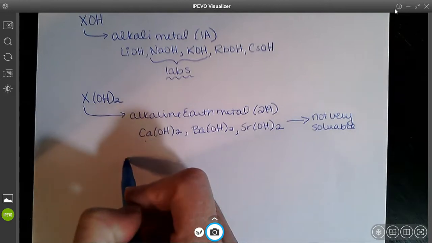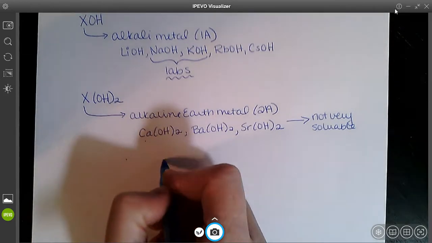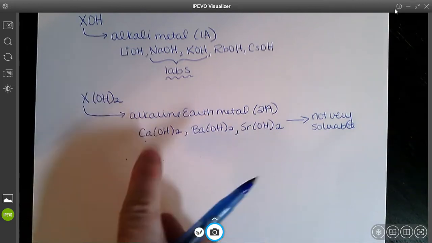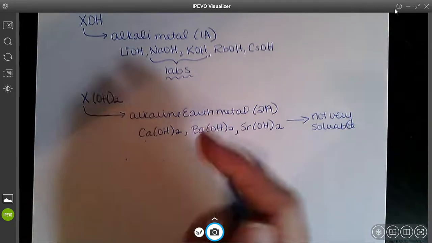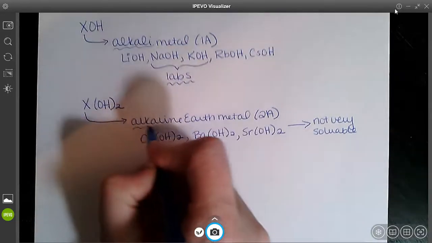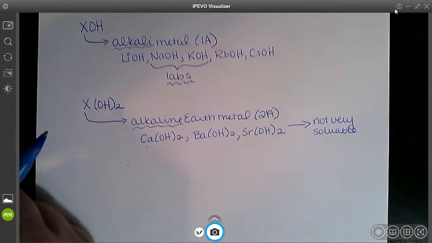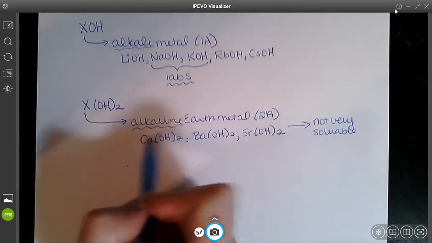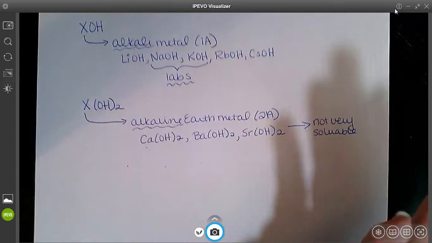It'll exist as Ca2+ and OH- and OH-. Okay, so that's something to know about these. You can also look at the name of these. See how this says alkali, alkaline? That's discussing that they make a basic pH in water. It's literally telling you in the name of the group. So something that's an alkaline solution is a basic solution.